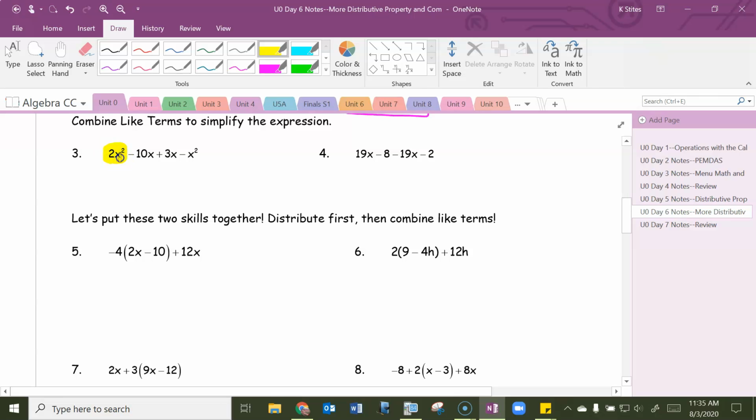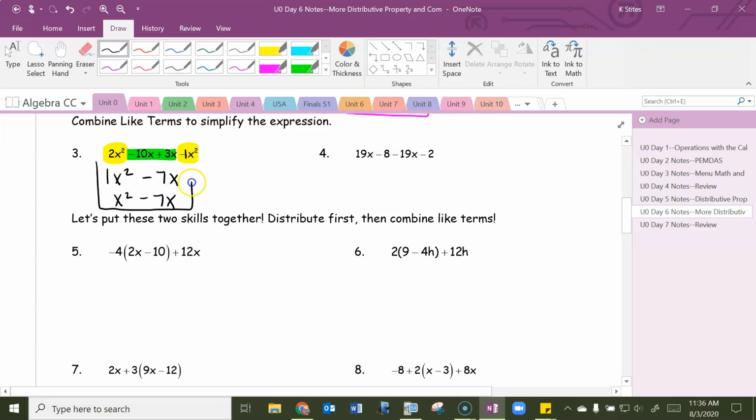We have 2x squared minus, this is a 1x squared. 2x squared minus 1x squared is 1x squared, or just x squared. Personal preference. And then -10x plus 3x. Those are like terms because they both have x's. -10 plus 3 is -7x.